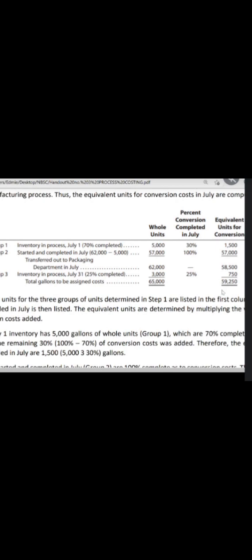Therefore, the total gallons to be assigned cost would be 59,250 for conversion. Okay? So, for direct materials, 60,000. For conversion, we have 59,250. Ang butangan nimo og cost. Okay? So, mao na siya ang ato ang gitopic last meeting.